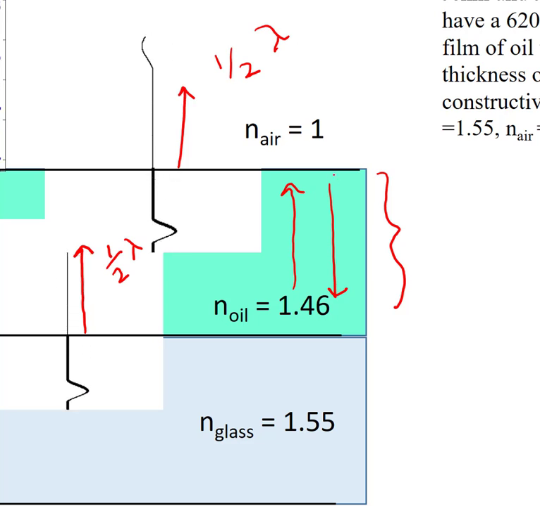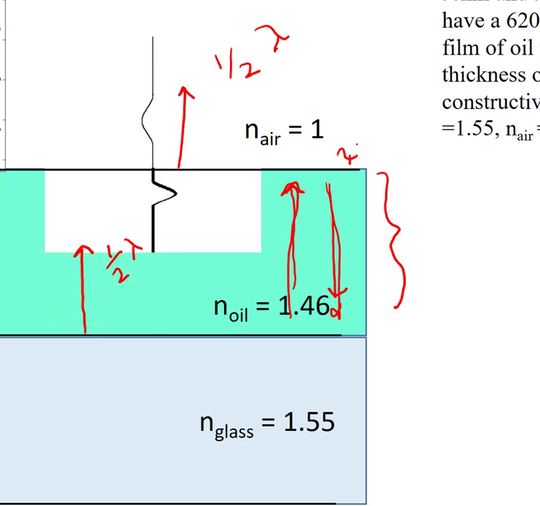And what we want, as it comes through here and comes back out, how much of a phase shift are we going to have? Well, what do we want? We want all of the phase shifts, the phase shift from the first reflection, the phase shift from the second reflection, and the phase shift from it traveling through space and time, to all equal a whole wavelength.